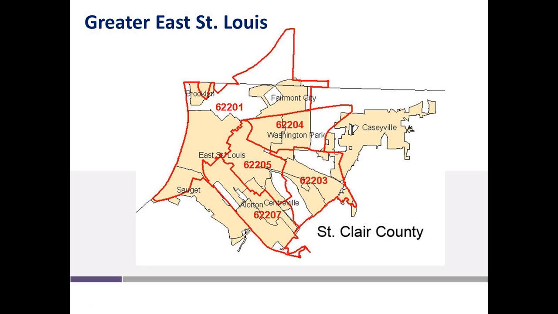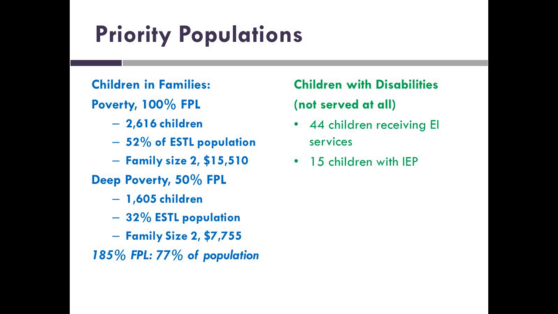There's a high concentration of poverty and deep poverty in the community. There are 5,000 children under the age of 5 that reside in the community. Unemployment rate is at 16%, which is extremely high as well. In the community, there are 15 child care centers, 1 Head Start agency, 2 Preschool for All programs, one through the school district, the other through a community-based organization.